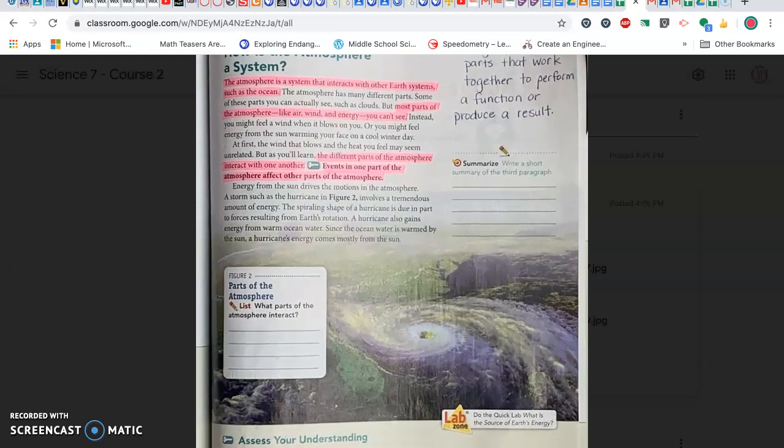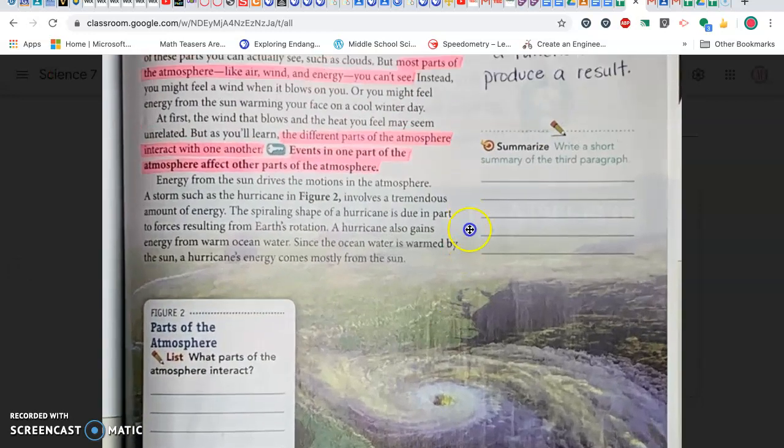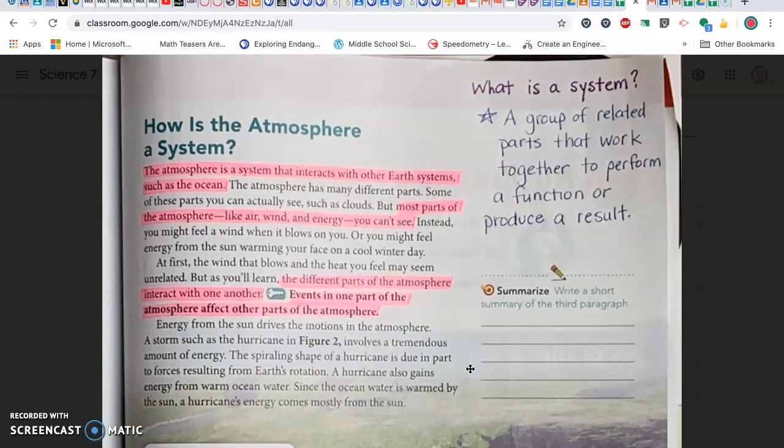And the last part that your book talks about in this section is just the fact that the atmosphere itself is a system. And furthermore, and we'll get into this more next year, the atmosphere is really part of a larger Earth system. So there's different systems on Earth. You have water systems, you have the atmosphere, you have land systems or the geosphere.